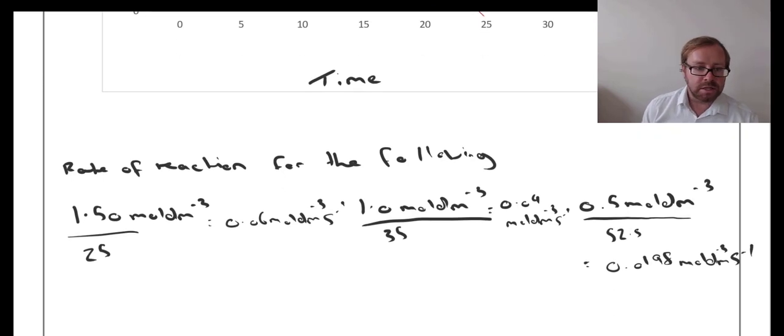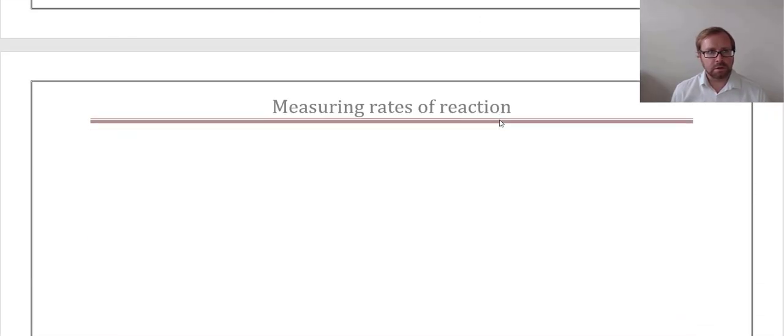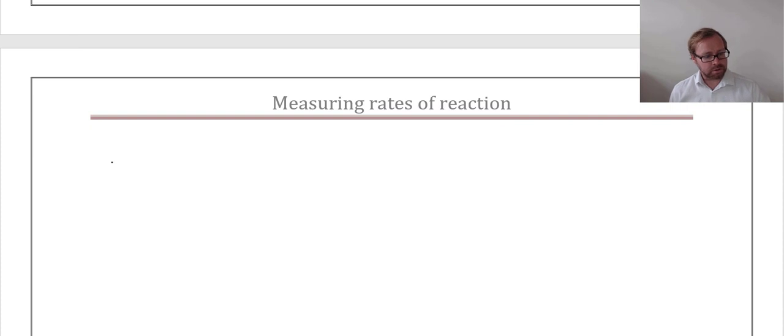Now you may notice that they're all different, and obviously at the start of the reaction the rate is quicker and it slows down as we get towards the end of the reaction, which sort of makes sense according to collision theory. We're not going to go through that in very much detail because we've already done that. So we can also calculate something else now, and I'm just going to write it down, then we'll talk about what it is.